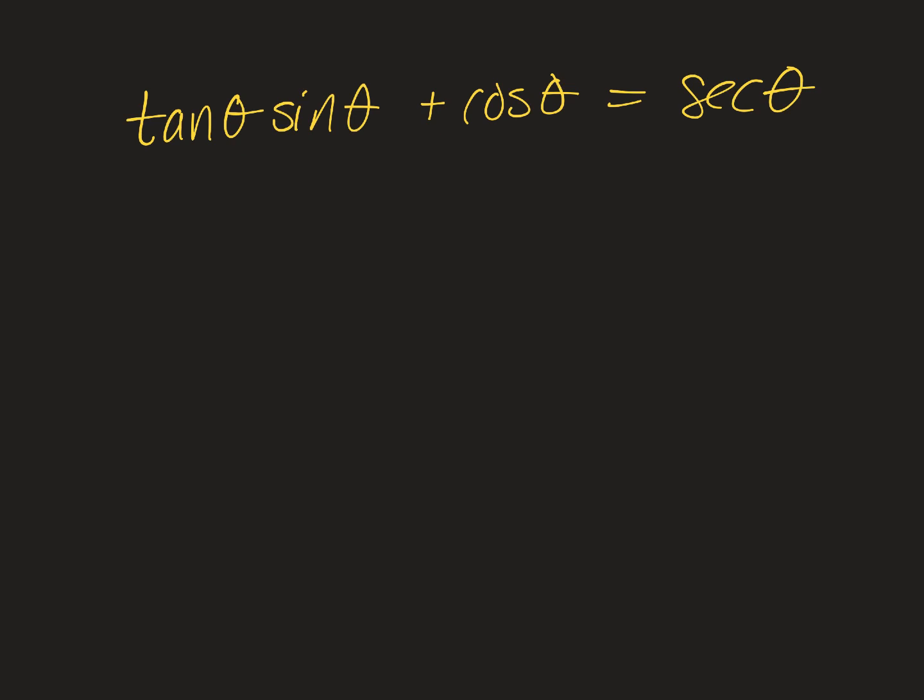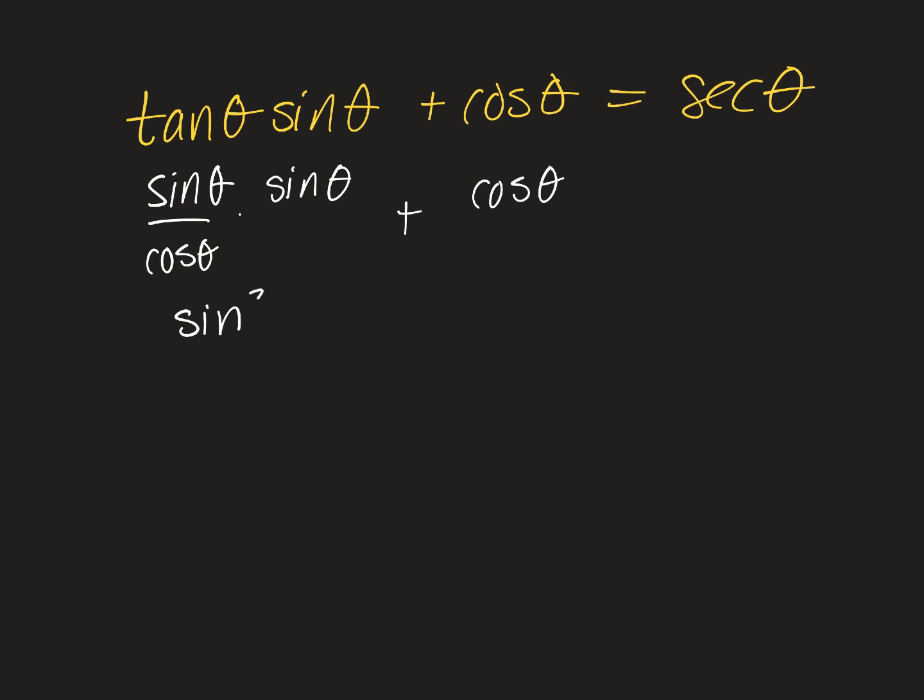All right, so tangent is going to become sine over cosine. So then on the left, that's going to become sine squared. Now I'm going to get a common denominator.